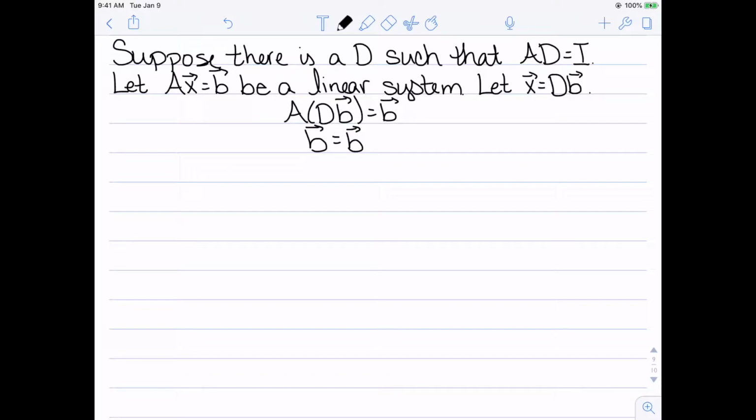DB is a solution. It may or may not be the only solution, but it is a solution. Which tells us that 7 implies 5. 7 being that this matrix D exists such that AD is equal to the identity, and 5 saying AX equal to B has at least one solution.